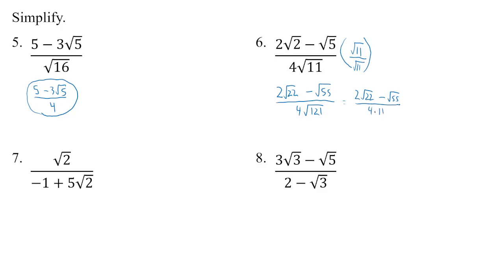And 4 times 11 is 44. Therefore, your solution is 2 times the square root of 22 minus the square root of 55 over 44.